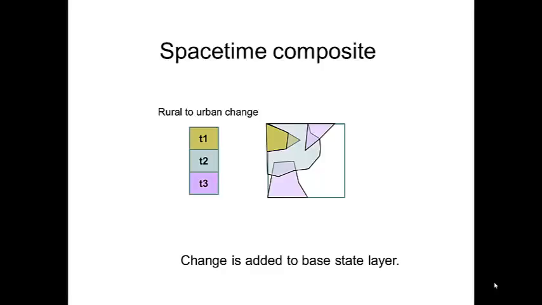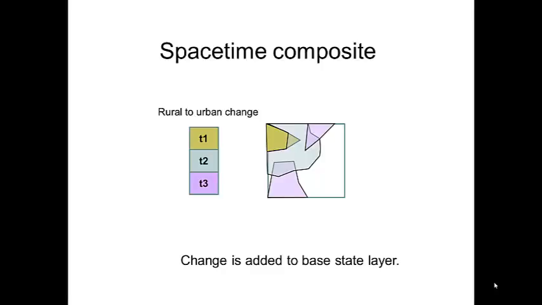So at T1, I don't know how clear this is, this area here, some of this is shaded out because of trying to show superimposed temporal information. So at T1, the change was from rural to urban. So we had an urban area in here.